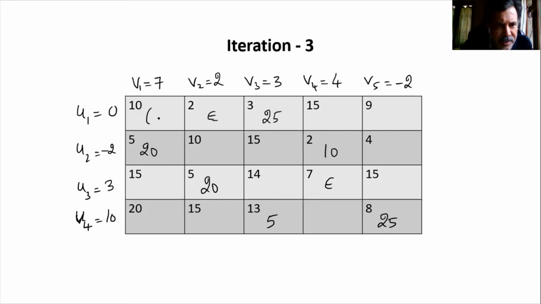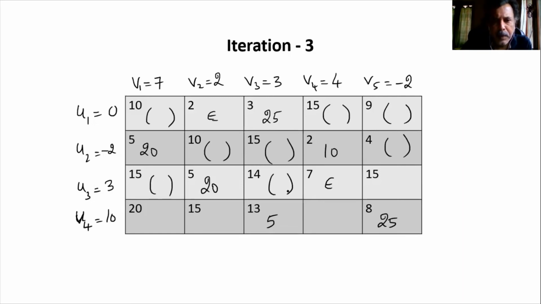Let me put brackets in all the unallocated cells. Then we will calculate the value of each. So first one, 0 plus 7, it is 7. 10 minus 7 is 3.